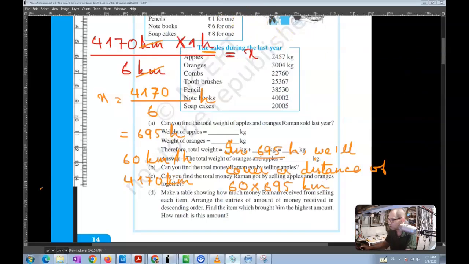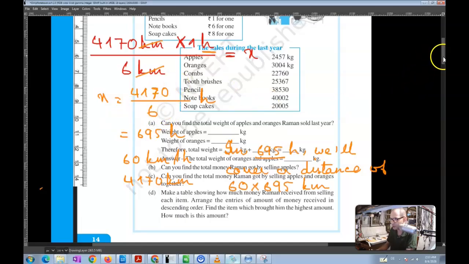We wanted to cover a distance of 4,170, but over here the calculator is telling me that in around 700 hours we will cover a distance of around 41,700 kilometers, which means that I have actually made a mistake over here.